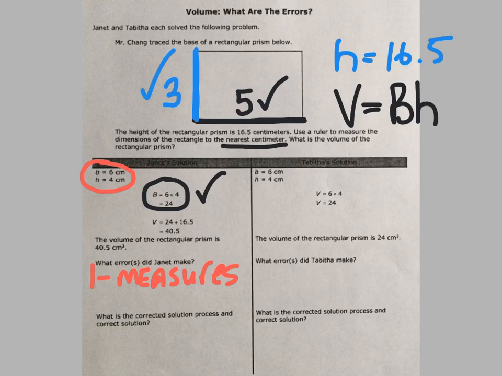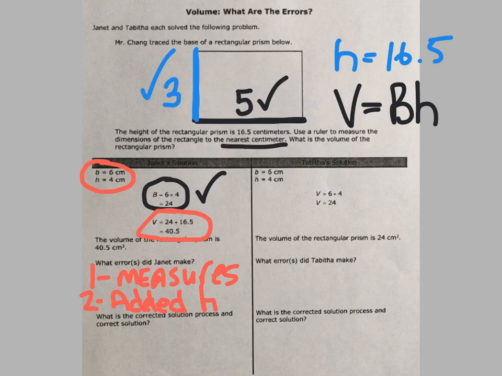However, she then uses a volume formula where she should be multiplying her big B of 24 times the height of 16.5, and in fact she's not multiplying it, she's adding. Her second mistake is she added h when she should have multiplied.